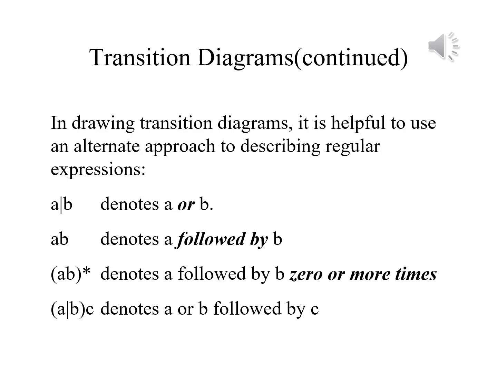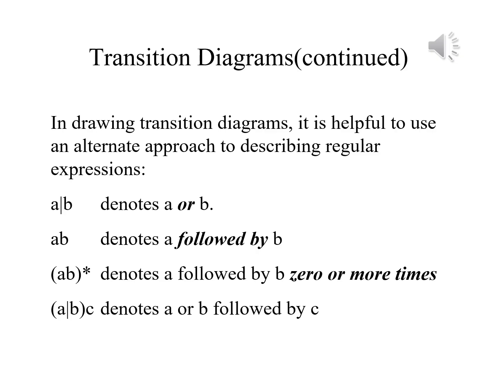When we draw a transition diagram, it will be a lot more useful to use a slightly different approach to describing regular expressions. This is borrowed from BNF, Backus-Naur form, which we'll talk about more when we get up to syntactic analysis.